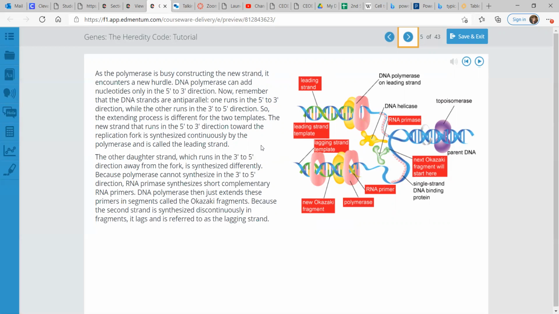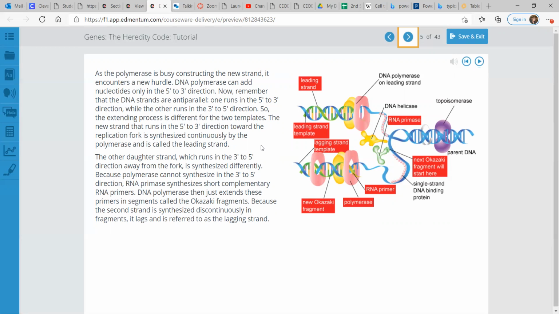So the extending process is different for the 2 templates. The new strand that runs in the 5' to 3' direction toward the replication fork is synthesized continuously by the polymerase and is called the leading strand.